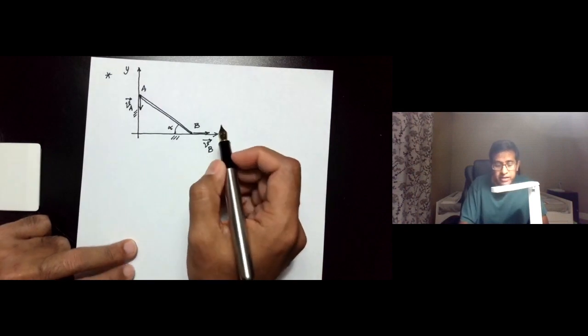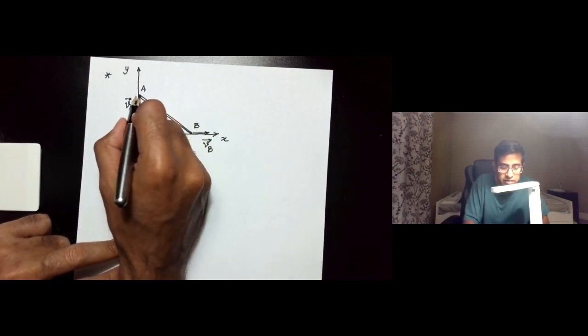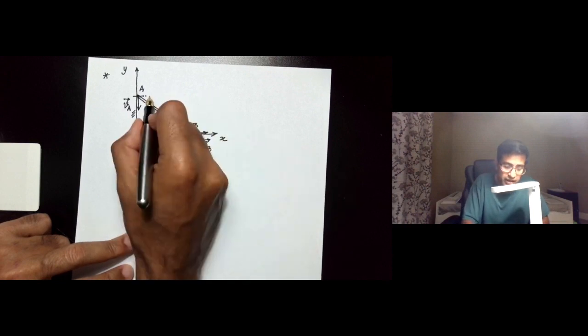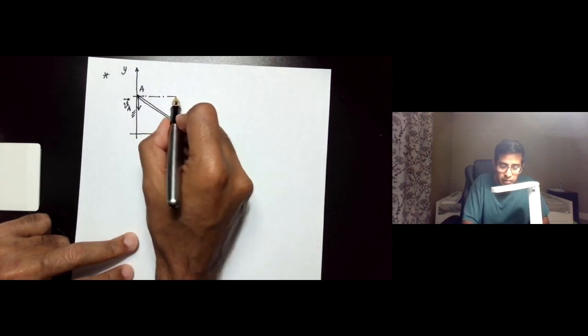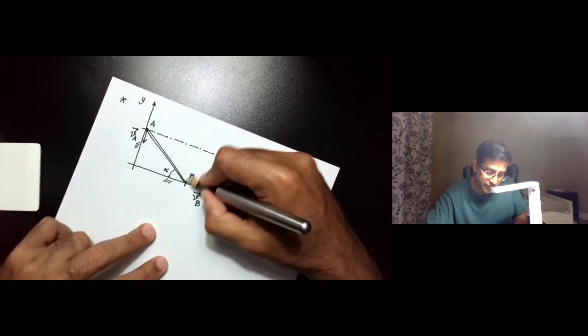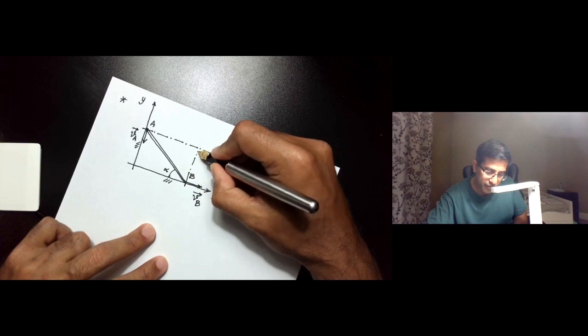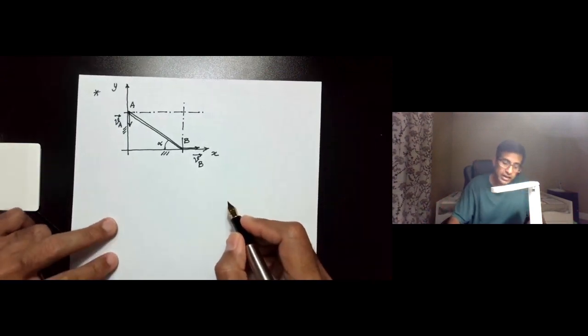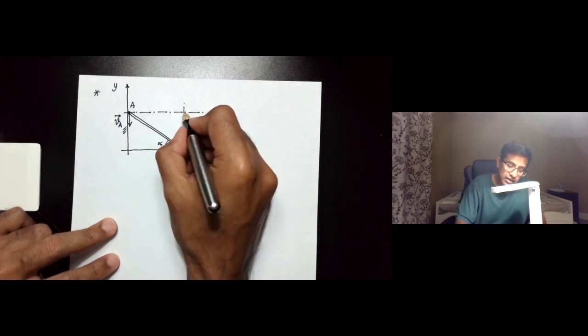Now if I want to find the instantaneous center, what I can do is go with the basics, just draw a line that is perpendicular to the velocity at A and draw another line that is perpendicular to the velocity at B and let them intersect.